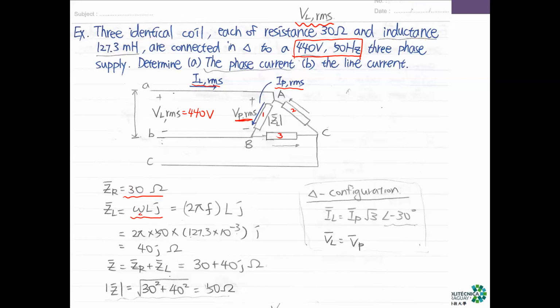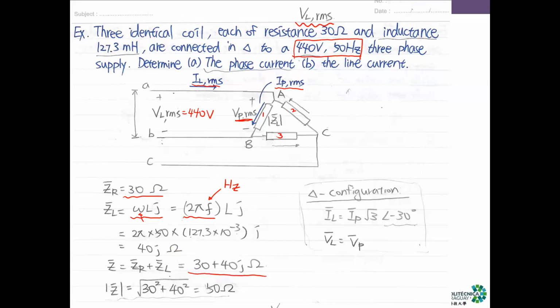This omega is in radians per second, so you need to write it as 2 pi f, where f is in hertz, 50 hertz. After putting in the values, it is 40 j ohm. So the total impedance of the load is 30 plus 40 j ohm.